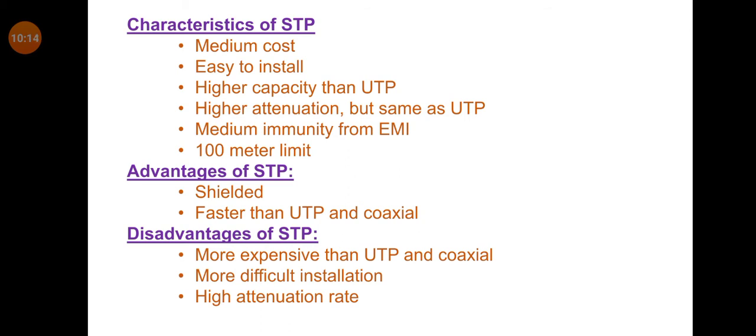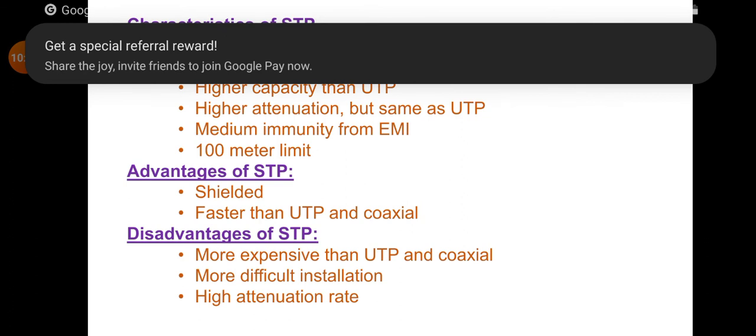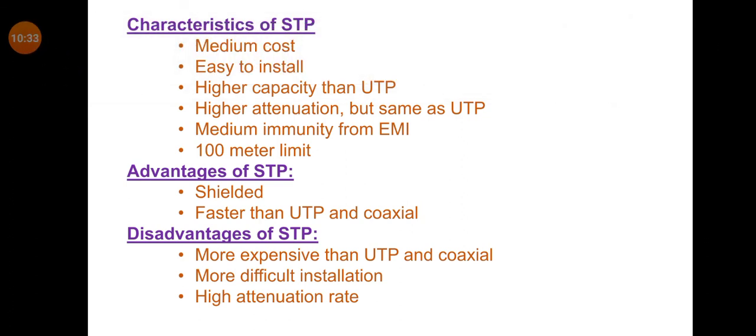Clear? That covering provides safety for the inner pair of cables. Then the second advantage is that it is faster than UTP and coaxial cable, because its speed is more than UTP and coaxial cable.